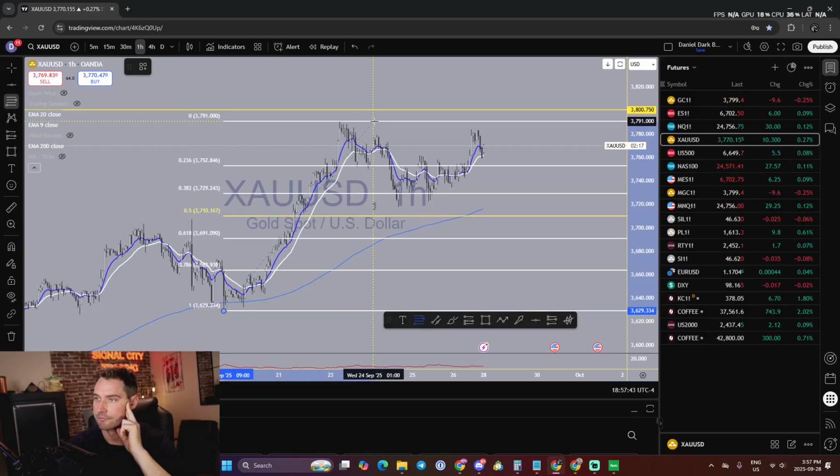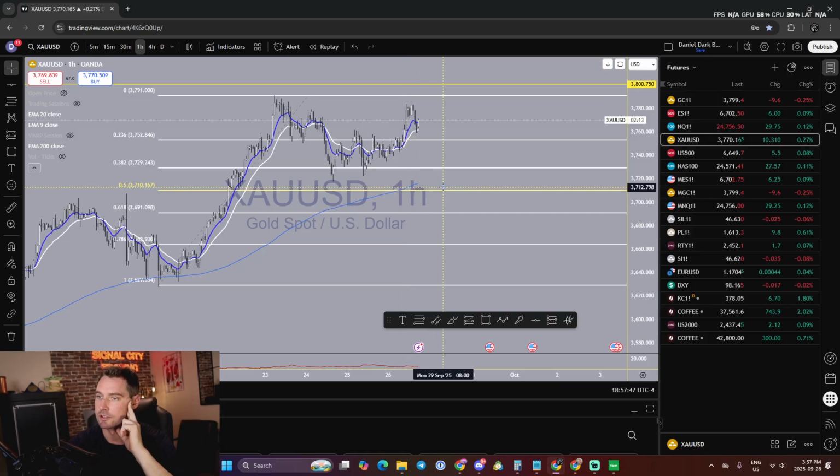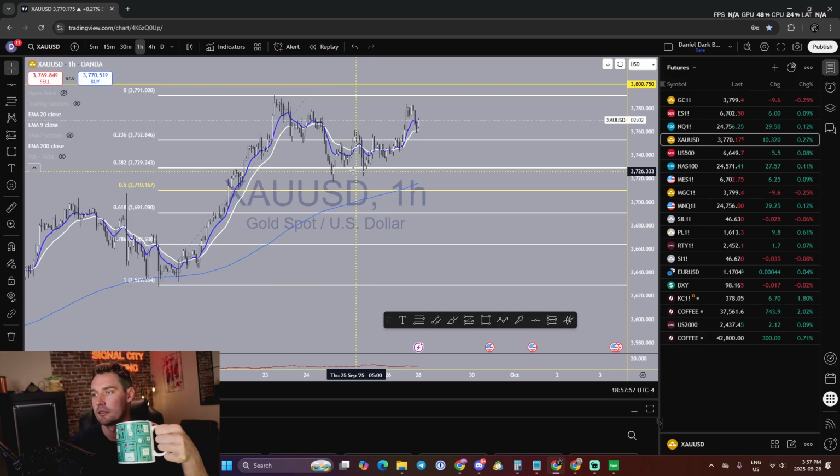This is a run. So we could be really strict, and well, this level's not bad. Look at the nice bounce off the 382. 382 has been the theme of the day so far. It seems like everything's been lining up with the 382 or already had bounced off the 382.